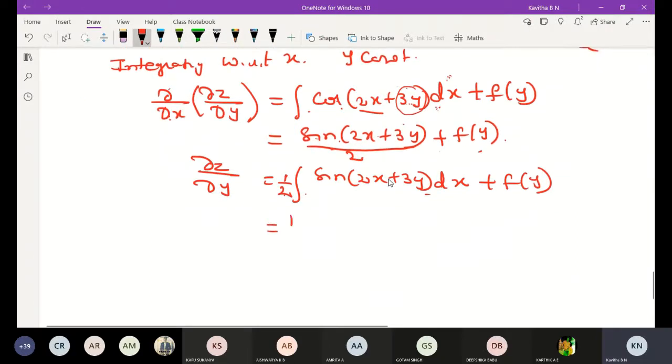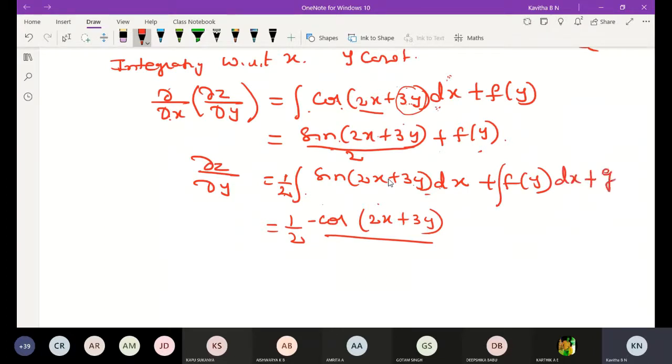Integration of sine of 2x plus 3y is minus cos of 2x plus 3y by 2, and in place of the constant we write g of y. Then x into f of y plus g of y.